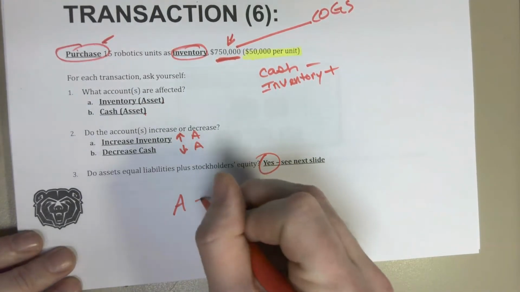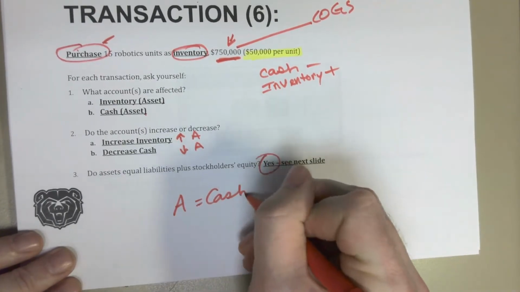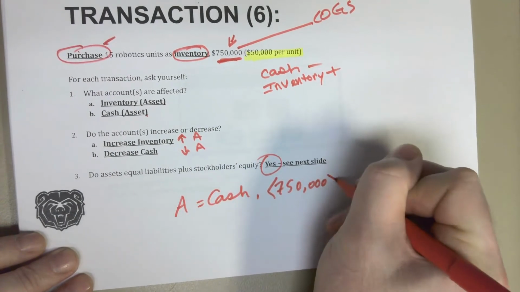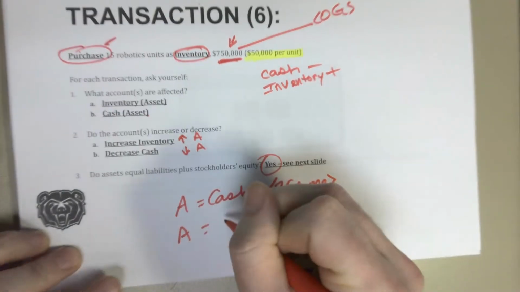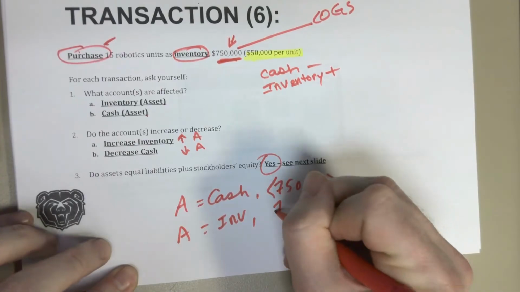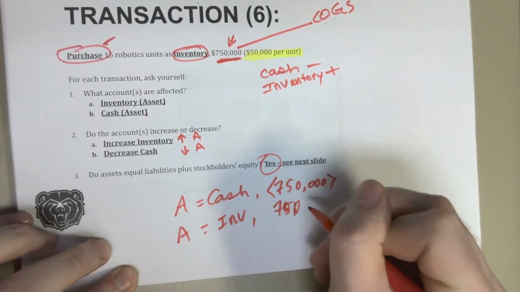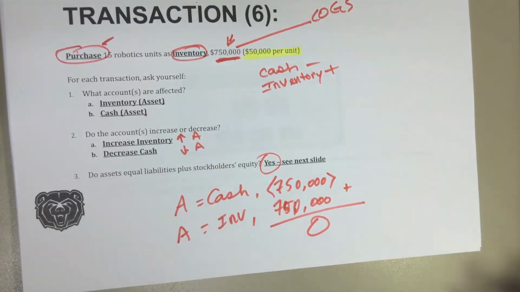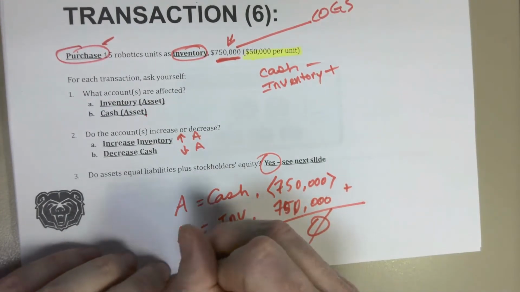We decreased cash by $750,000. And we increased inventory by the same amount. So we can see that equals zero total, meaning no net impact.